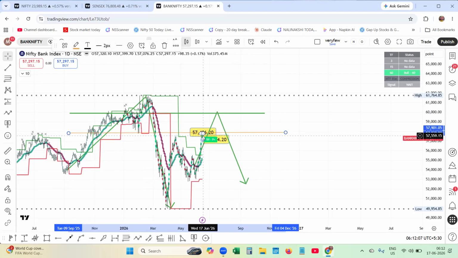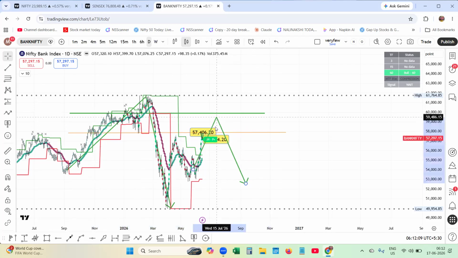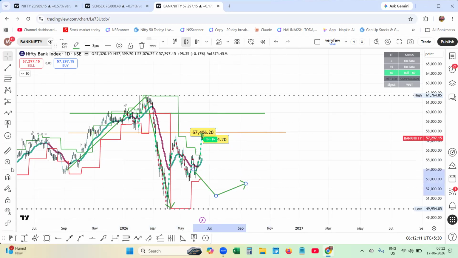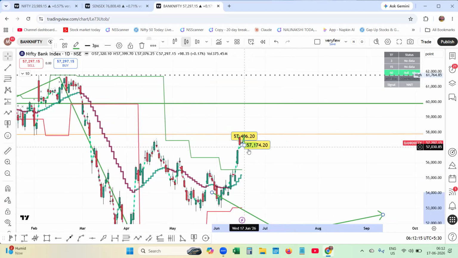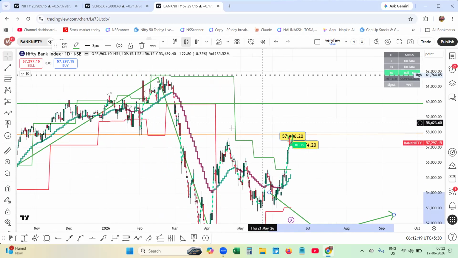Already it has tested, it has come down, and if I zoom it out, it can face resistance around this level.